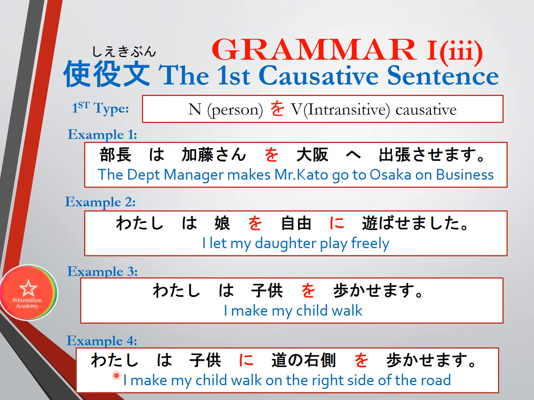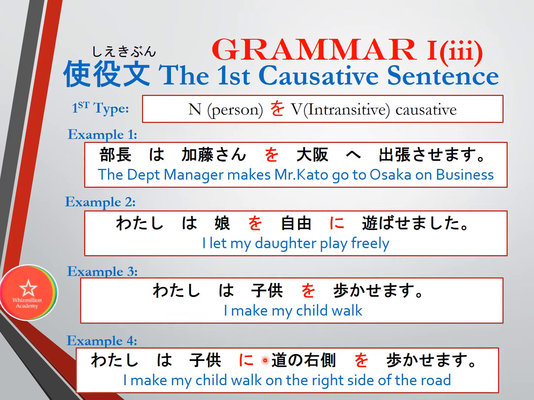Example 4: 私は子供に道の右側を歩かせます. I make my child walk on the right side of the road. Notice the verb here is also arukimasu, so this is an intransitive verb. So automatically the particle attached to kodomo should be を. However, in this case, it is not を but に. This is an exception, please remember.